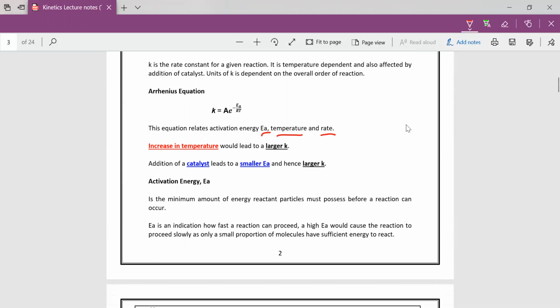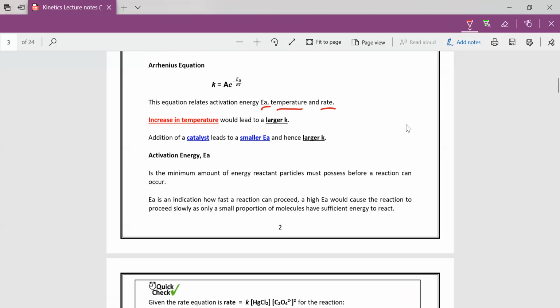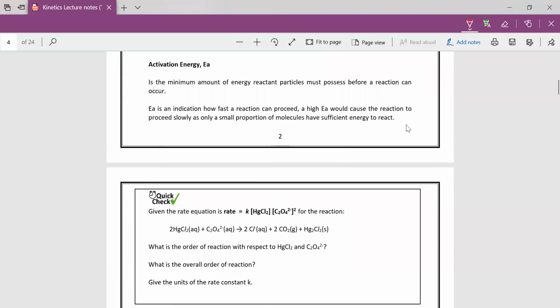It is also an indication of how fast a reaction can proceed, because a high Ea would cause the reaction to proceed very slowly, because only a very small number of molecules will have the required energy to actually lead to a successful collision, which will lead, of course, to a successful reaction. Okay, so let's come to our first quick check of the day.